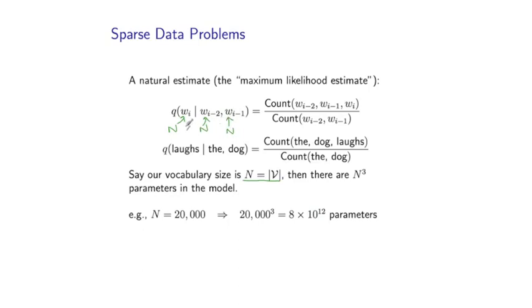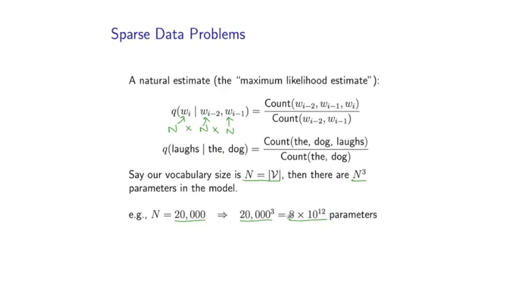But as a good estimate, we have N times N times N. We have N cubed parameters in the model. And so, for example, if we have a vocabulary size of 20,000, we have 20,000 cubed. That's 8 times 10 to the 12 different parameters. So that is a very large number of parameters, irrespective of how much training data we have.